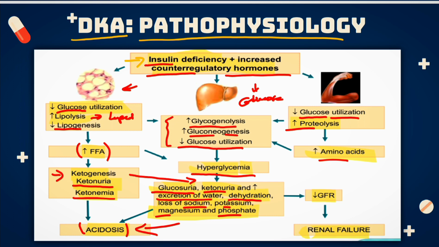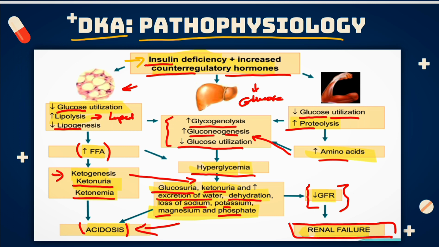So there is an increase in the amino acid level in the body, and this amino acid, as I have already mentioned, causes generation of glucose, a condition which is known as gluconeogenesis. All these conditions ultimately affect the kidney, so that there is decreased GFR, glomerular filtration rate, and ultimately it causes renal failure.